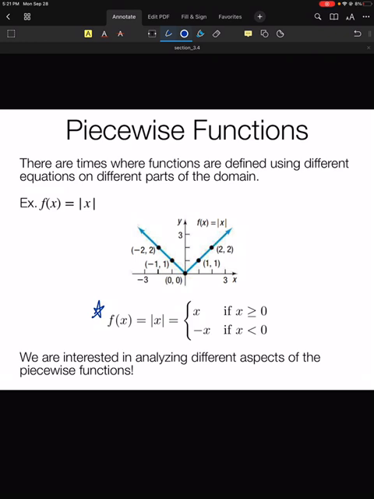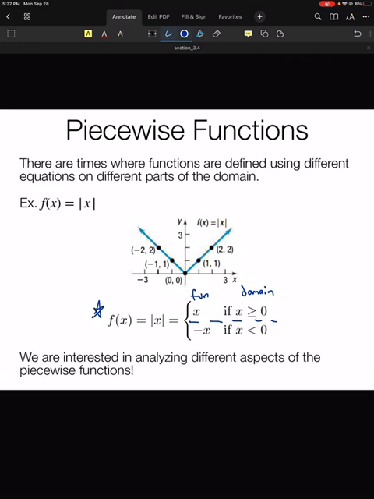So it starts with a squiggly brace, and then it has different rows, so to speak, and there's nothing but white space separating them, but there is a separator, and it gives you the equation that you should use, or the part of the function, for a given part of the domain.